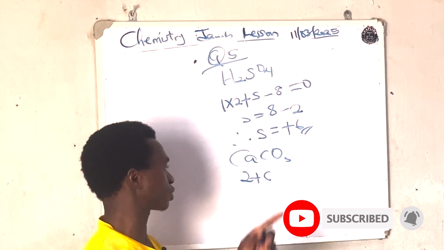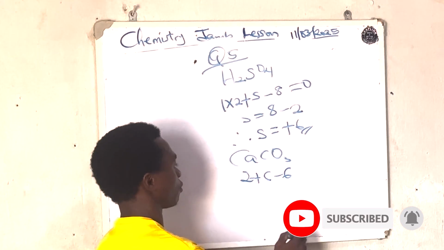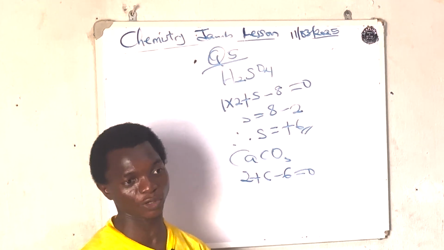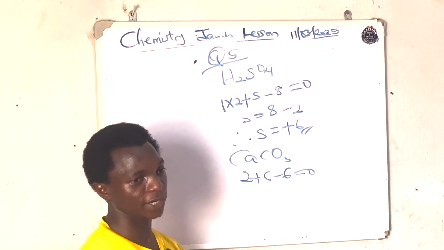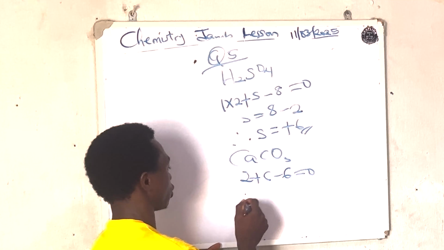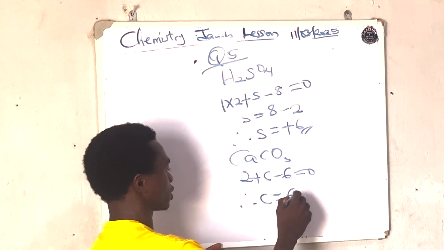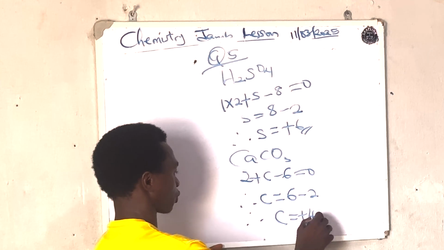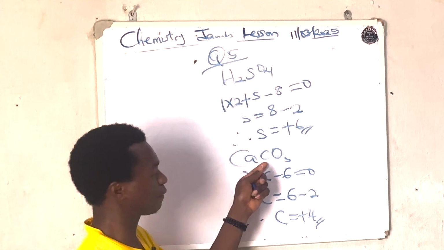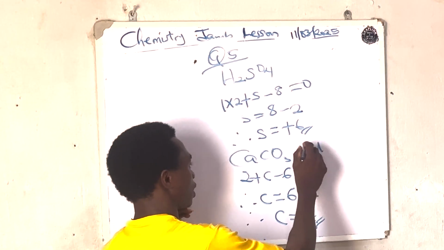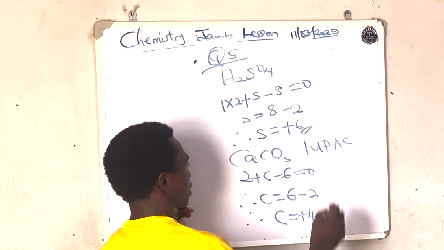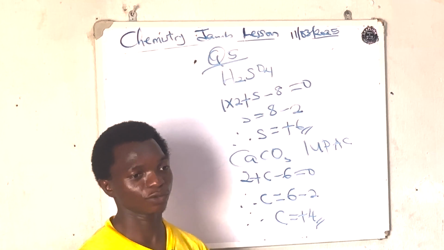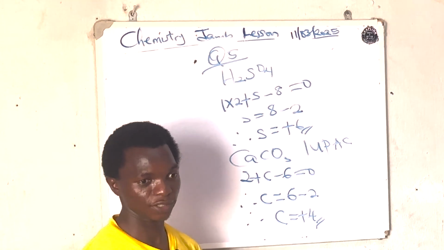Oxygen is always -2, times 3, you have -6. By the rule of oxidation, your sum must be equal to 0. Collect your like terms, you arrange them, your C turns to 6 minus 2. Therefore, carbon is equal to +4. So we can now give the IUPAC name to this compound as calcium trioxocarbonate IV. That is very simple.